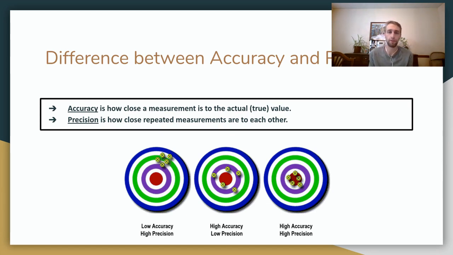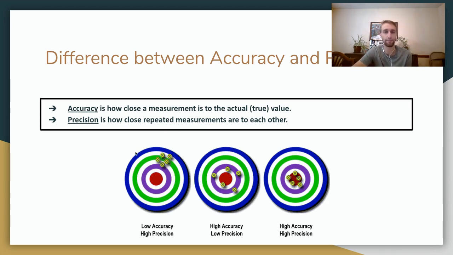So if you take a measurement 5 times and you get numbers that are really close to each other, that would be high precision. It's possible to have precision without accuracy, just like the dartboards down there. If you are trying to hit the bullseye, an accurate throw means that you're getting close to the bullseye. Precision means you are getting close to the same spot every time.